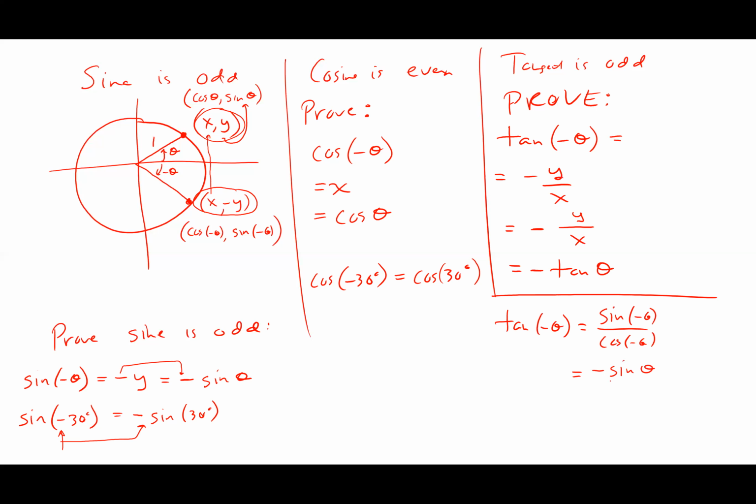Negative sine of positive theta and cosine of positive theta. So tangent has two different proofs: go back to the original definitions, or use what you just built in order to help you prove it. Okay, how does this help us?